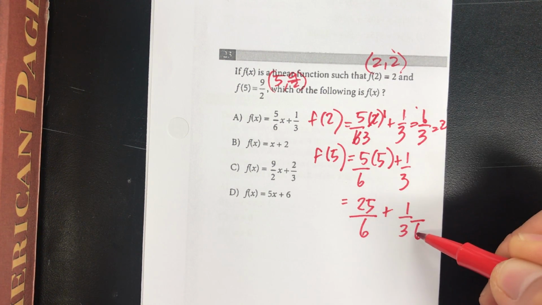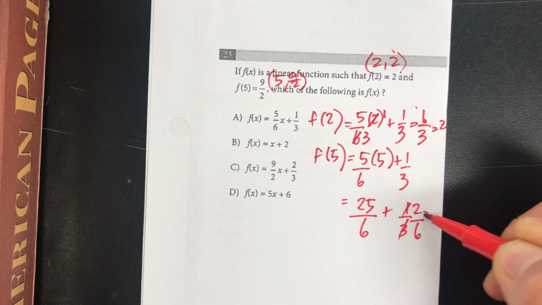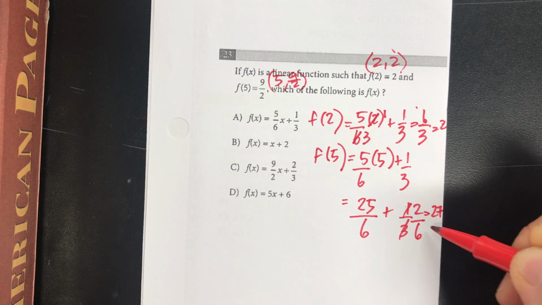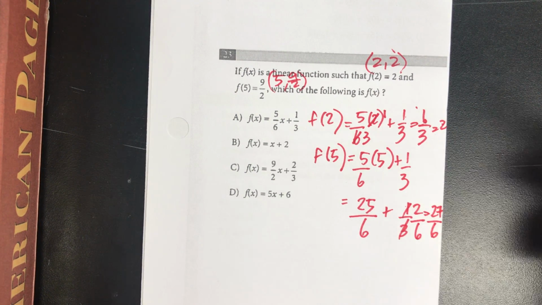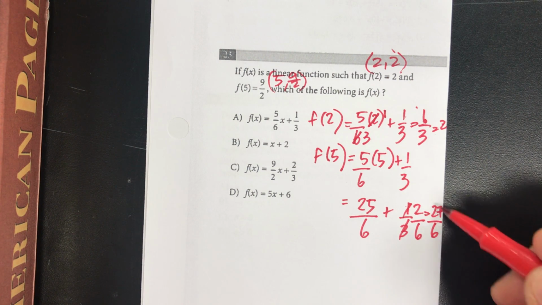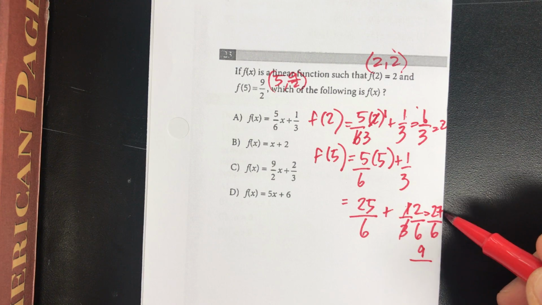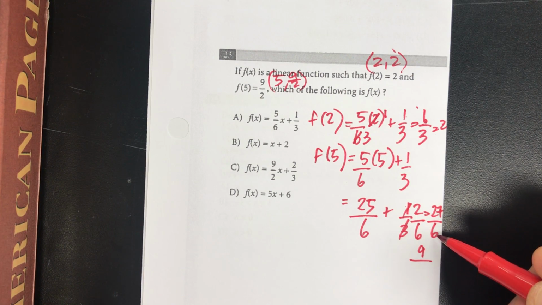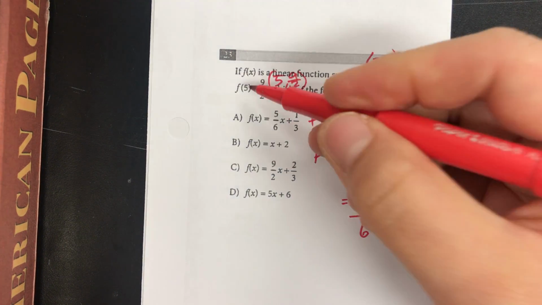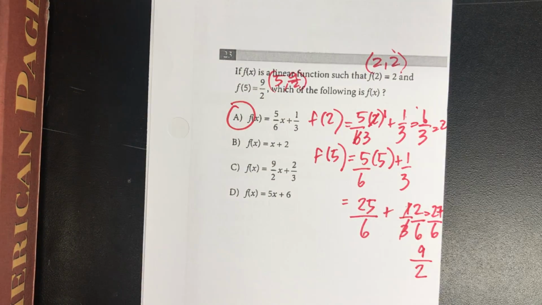So once you do that, it's going to be 27 over 6. Can you take a number out of there? Yes, you could get 3 out of each, so reduce it. 27 divided by 3 is 9, and 6 divided by 3 is 2. So when we put in 5, it yields 9 over 2. So we know that A is the correct answer.